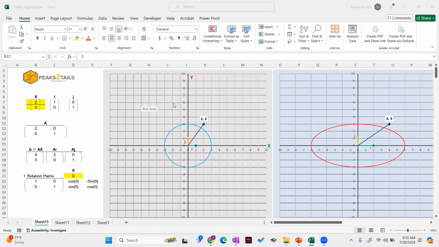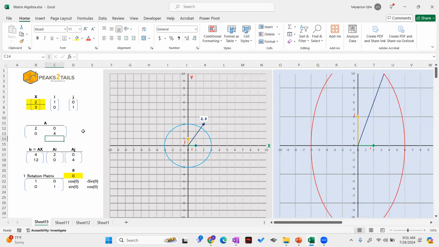Okay, sorry about that. Yeah, so if I change this, it leads to stretching along the x direction. If I change this, it leads to stretching along the y direction, maybe a bit too much.